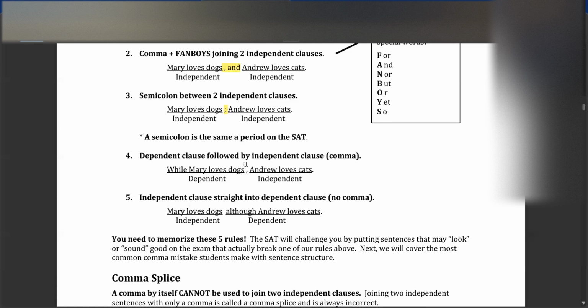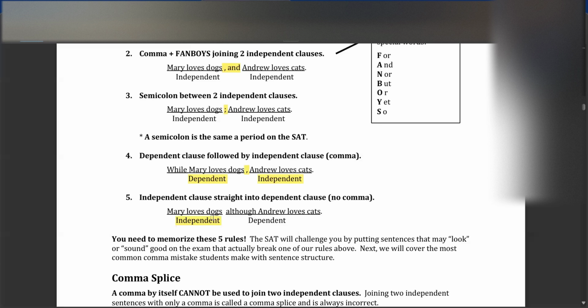We can look at this formula. We can put dependent, comma, independent. But if we start with the independent, we don't put a comma in the middle. Again, if we begin the sentence with the independent clause, we do not put a comma.